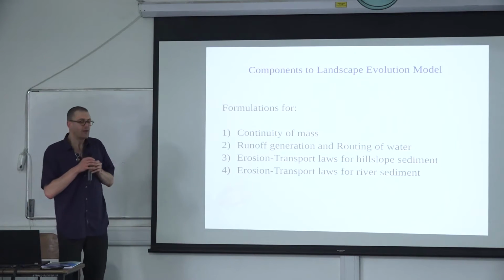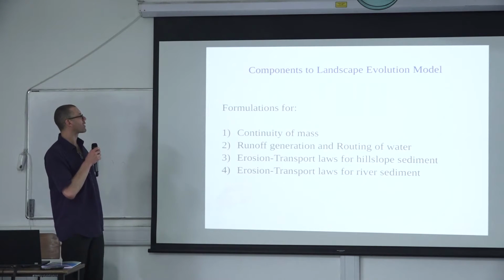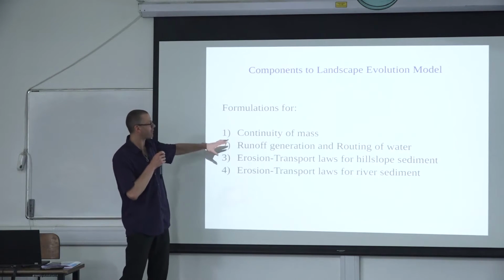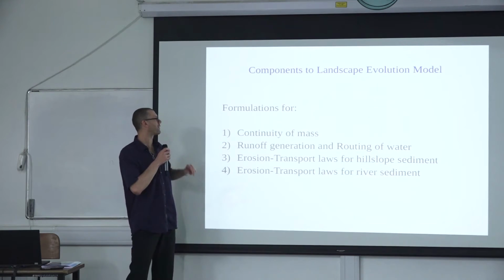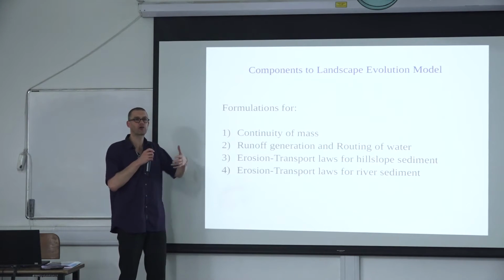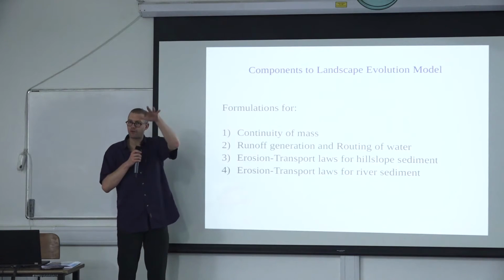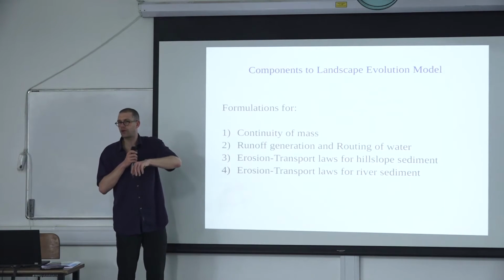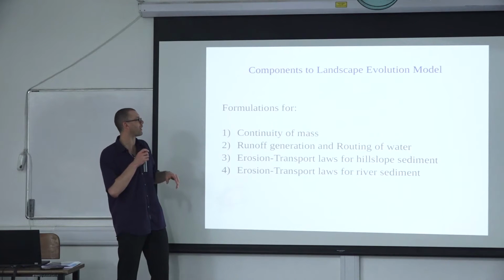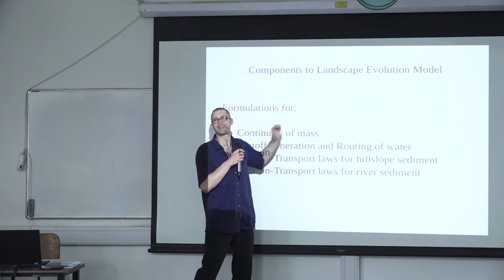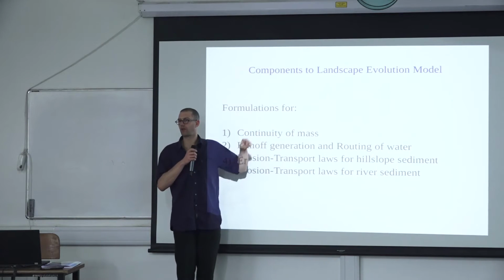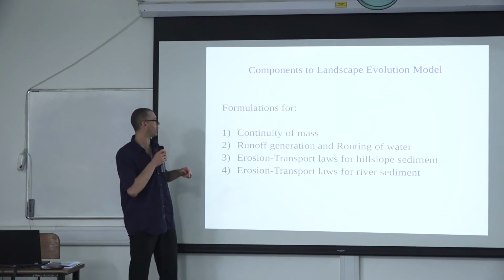Many other model components, especially when it's coupled to surface processes, have some runoff component in it. So how do you generate runoff from rainfall, or you use continuous, spatially uniform rainfall, and then you also do the routing of water. That's essentially mostly a D8 routing, what we talked about yesterday, where you do a flow routing of it.